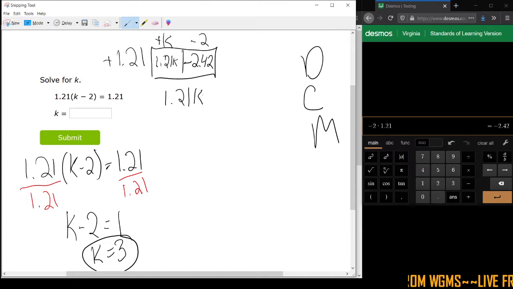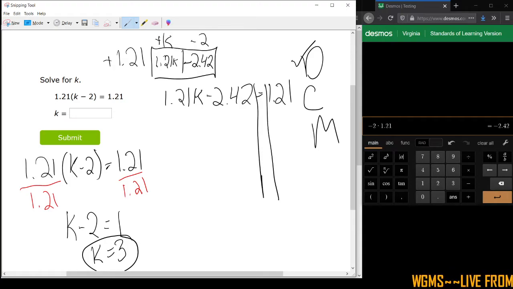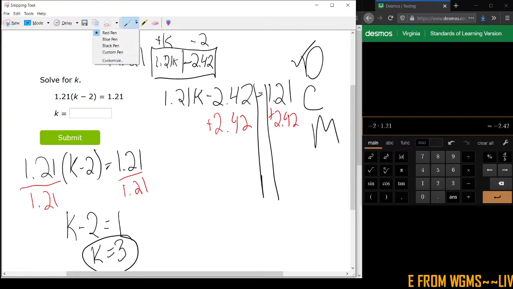So I have my new equation after I distributed. And so now I can set up a two-step equation. I want to get all those constant terms on one side. Doesn't matter what they are, I know what to do. So I add 2.42 to both sides.